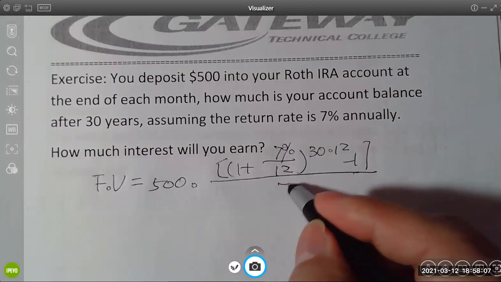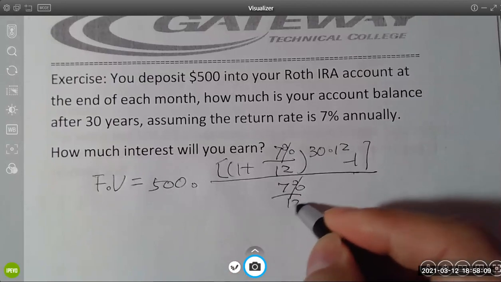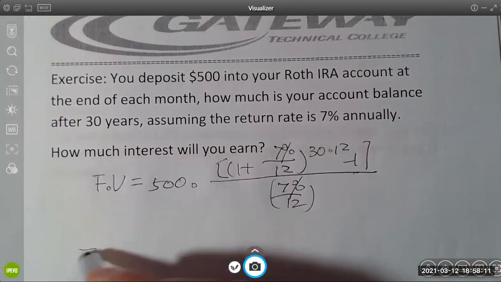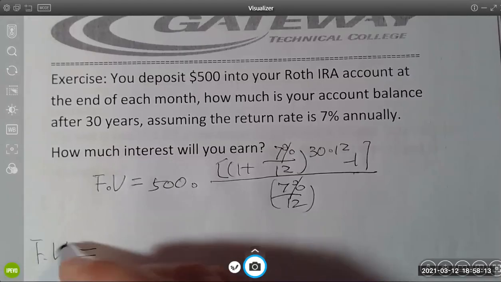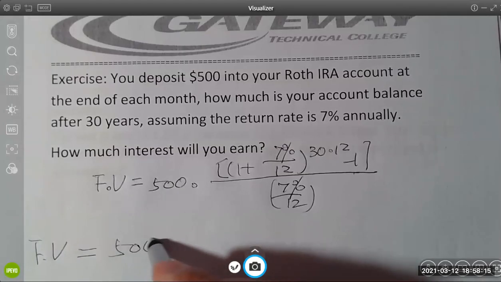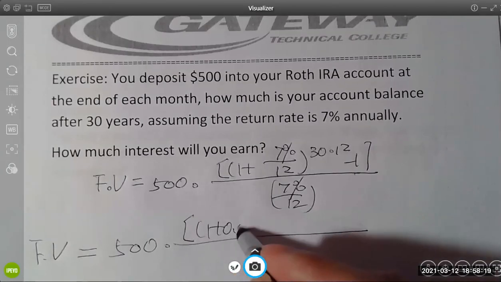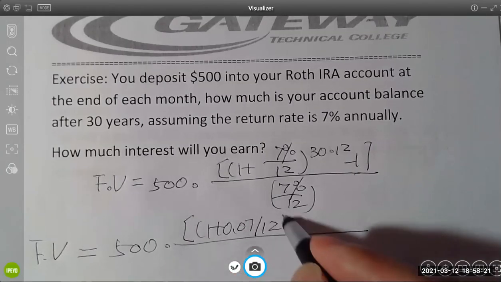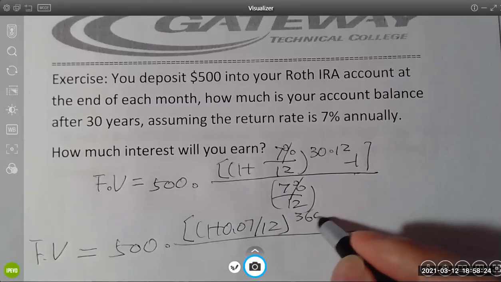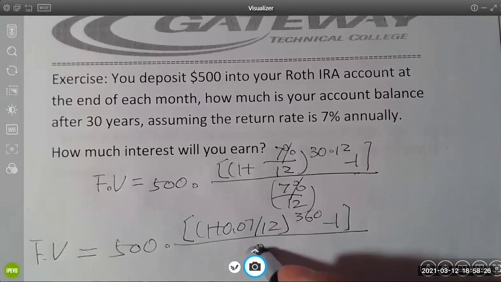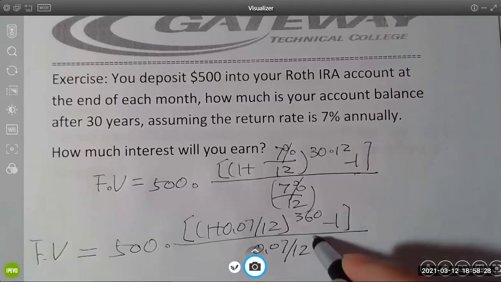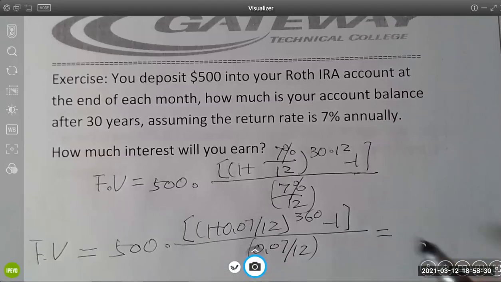So 7% over 12. Again, let's rewrite that. 500 times 1 plus 0.07 over 12 to the power of 360 minus 1, over 0.07 over 12. Now, let's do the calculation.